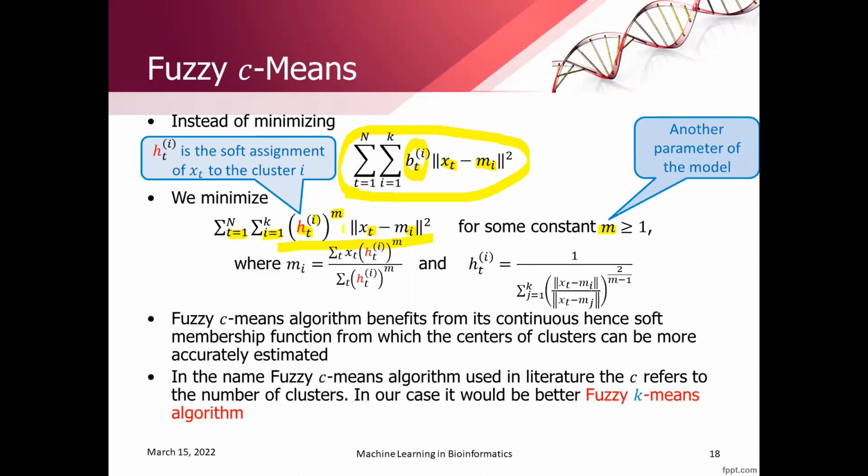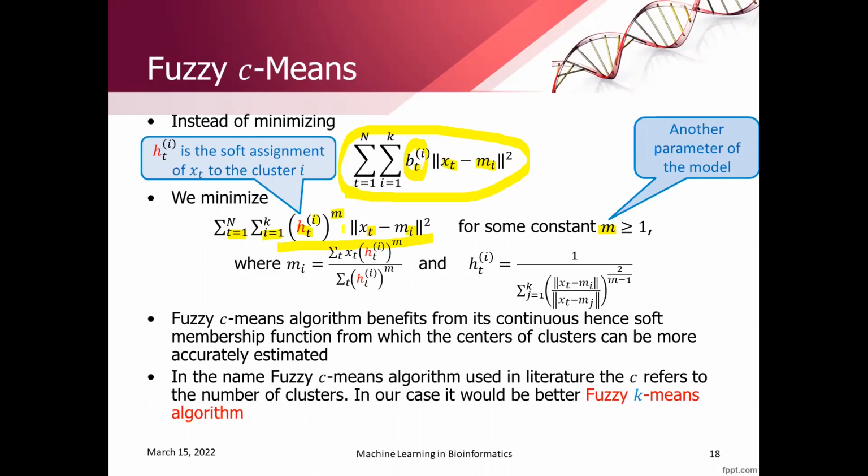If we increase m, what does it mean? Each element of the vector h is some value between 0 and 1. If we take, let's say, the second power, the square, then we will decrease the value.